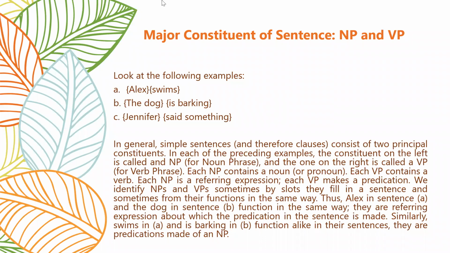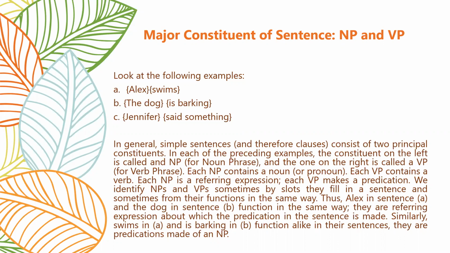Now here we have the major constituents of a sentence: noun phrase and verb phrase, that is NP and VP. If you look at the following examples, Alex swims. Alex is the noun, swims is the verb. Then again, the dog is barking.